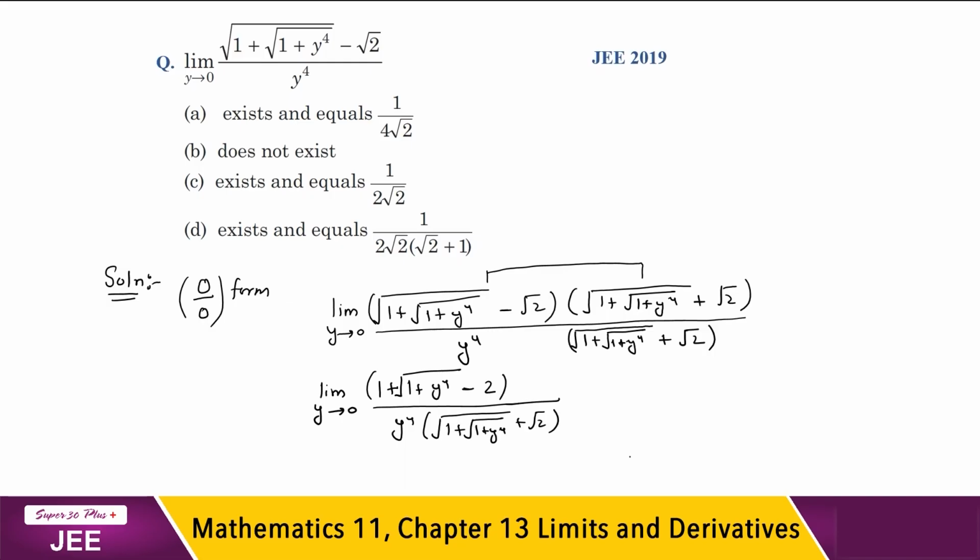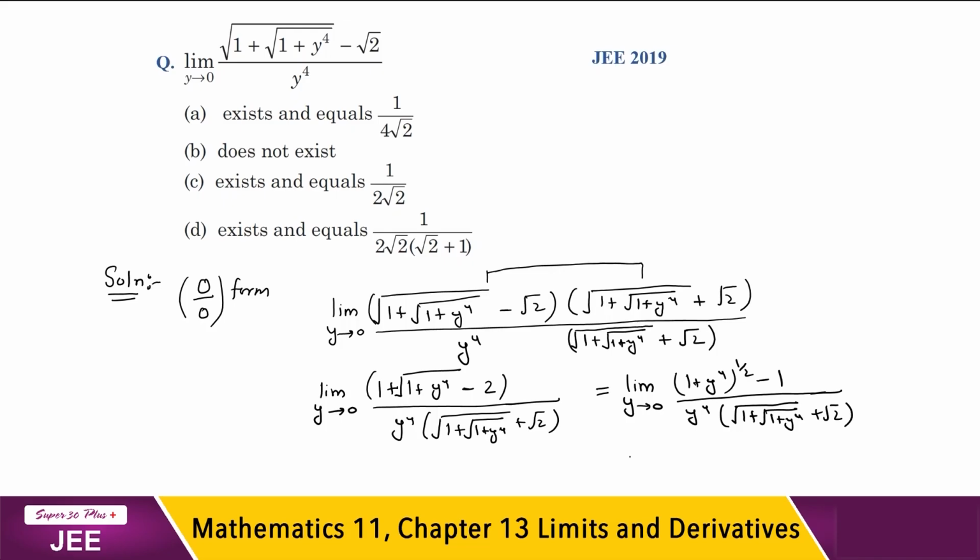Alright students, now numerator can be written as 1 plus y raised to the power 4 whole raised to the power 1 by 2, and 1 minus 2 equals minus 1, divided by y raised to the power 4 and this bracket, which consists of the term this plus root 2.